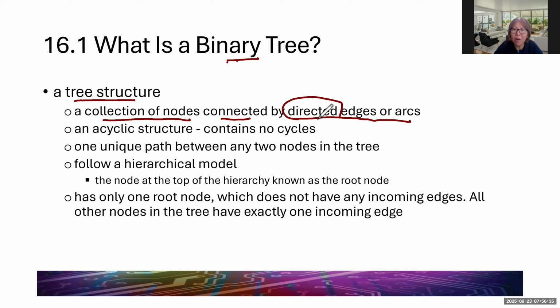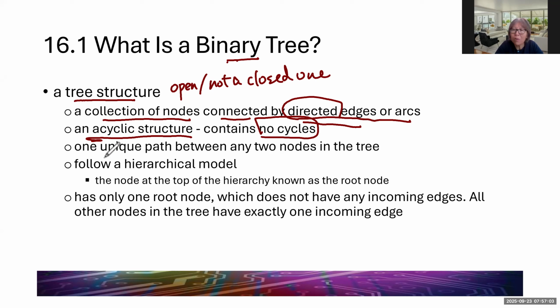And because the edge has direction, specifically here for tree structure, it's an open structure, not a closed one. It's an acyclic structure, so there is no circle.